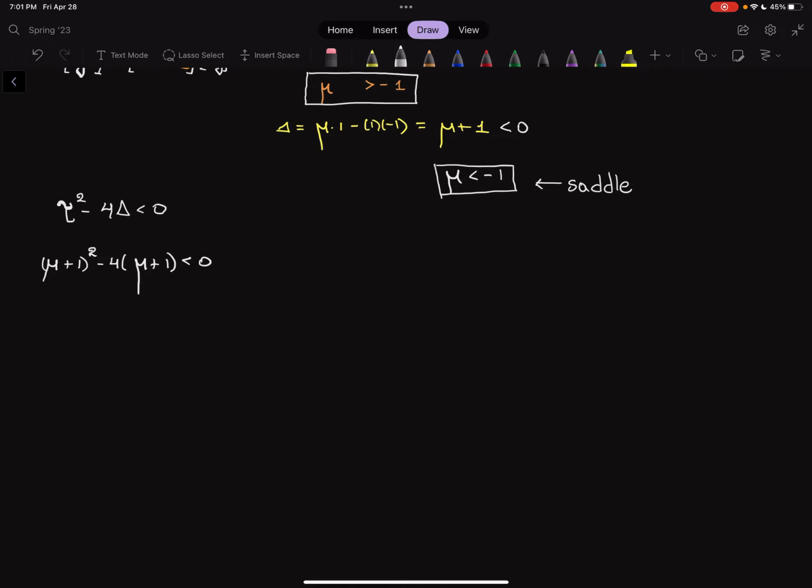So I guess we can, what can we do here? Well, we could factor out a mu plus 1, and we get mu plus 1 times mu plus 1 minus 4 is less than 0.